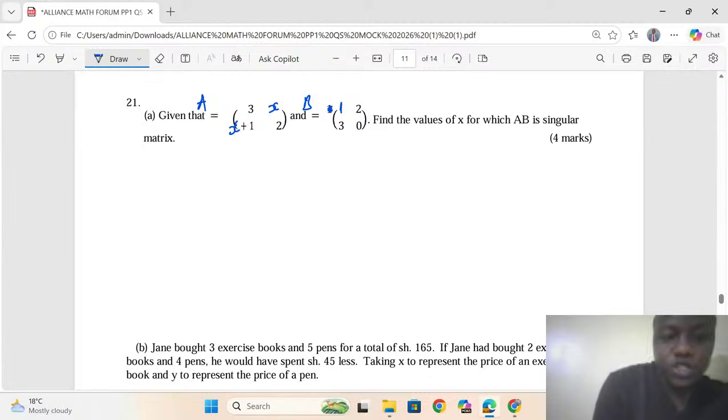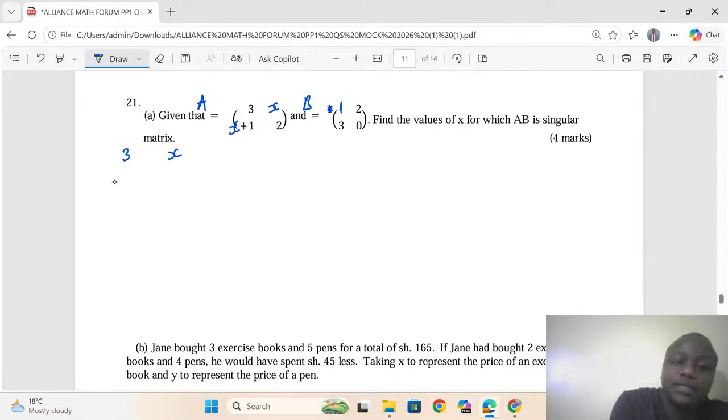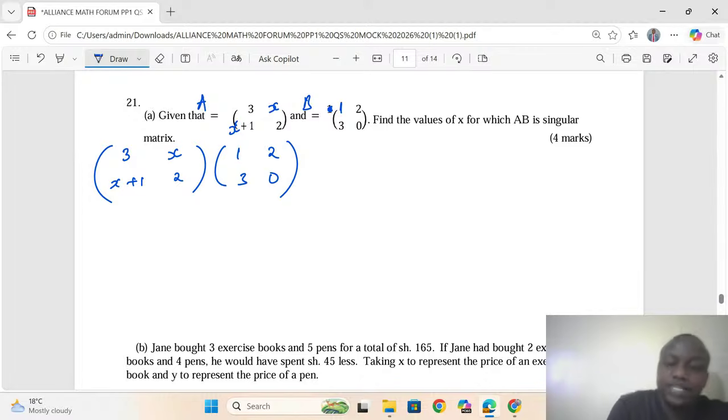So we're talking of the product A by B: 3x, x plus 1 multiplied by 1, 2, 3, 0. Let's get the product first.